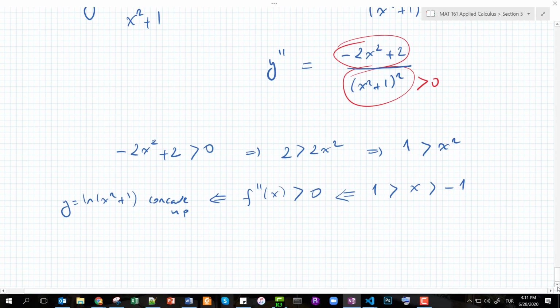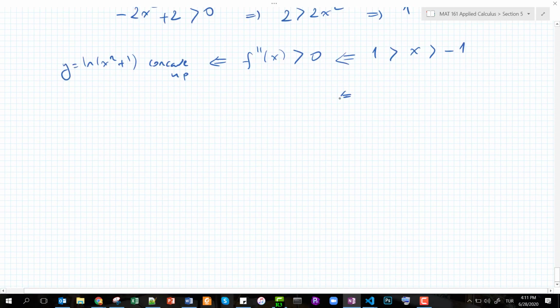But if you have a value which is bigger than 1 or less than negative 1, then your second derivative is going to be less than 0, and then you can say that your function is going to be concave down.